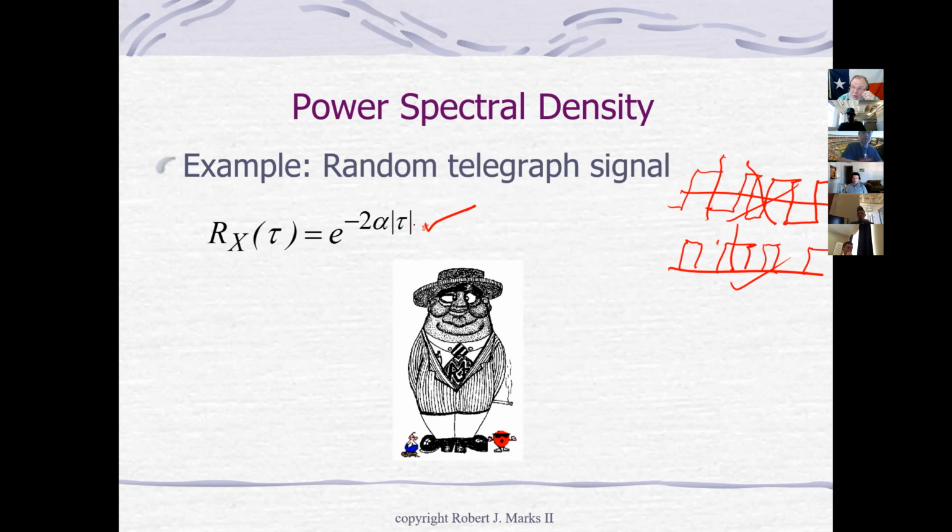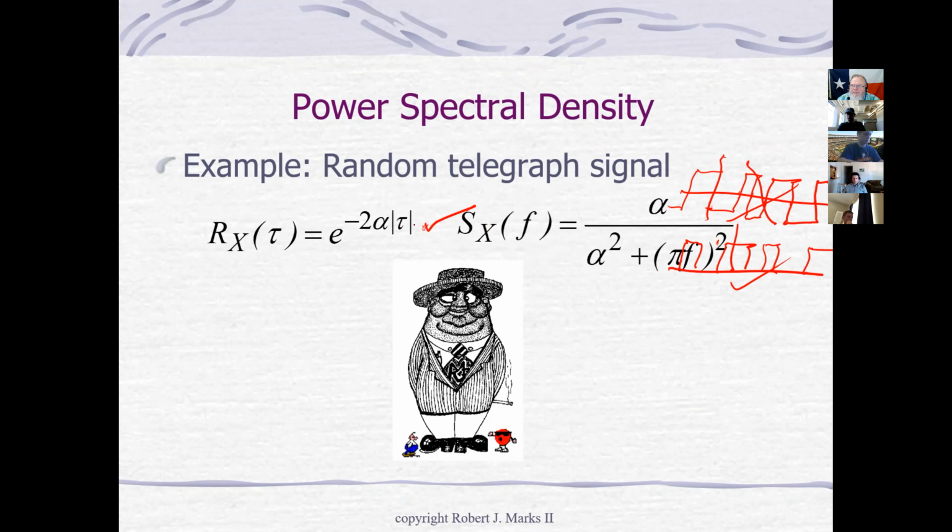And if we want to take this random telegraph signal and convert it into a power spectral density and figure out the power associated with some bands, we can first of all take the Fourier transform. The Fourier transform is given by the expression, which is covered up a little bit by my red scribblings here.